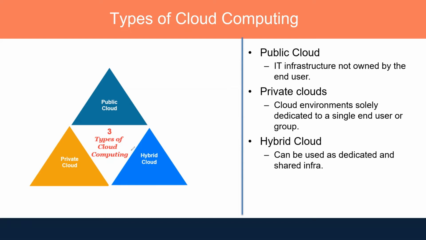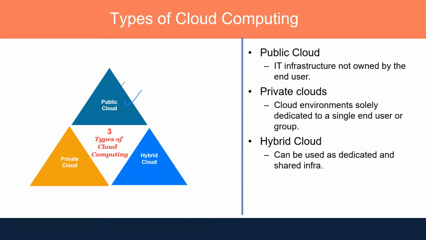So we have three types of cloud basically. One is the public cloud. In the public cloud, the IT infrastructure is not owned by the end user. That means the storage or the machines are not owned by the end user. This is a kind of cloud which is shared.